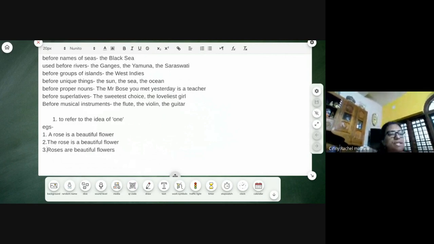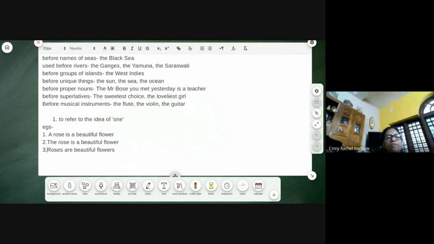Now, in the second sentence, the rose is a beautiful flower. Here the definite article the generalizes a common noun. A rose is a beautiful flower. The rose is a beautiful flower. They refer to common nouns.